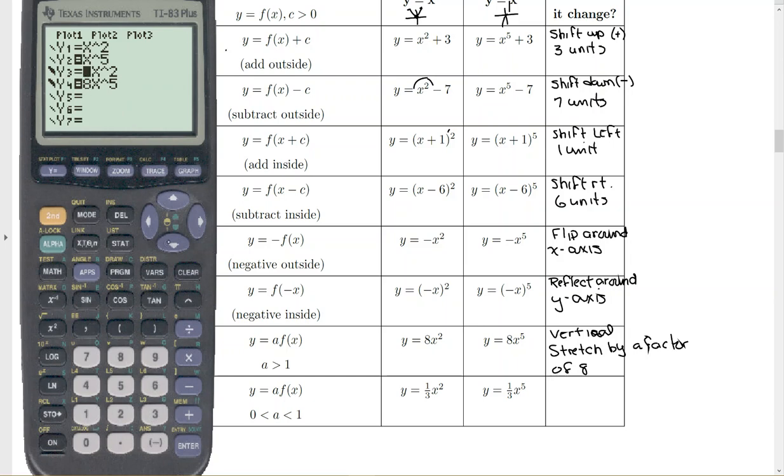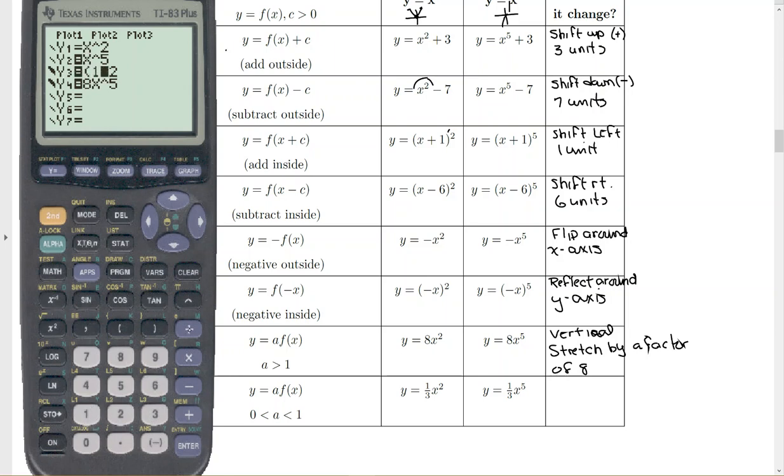If I put in a number between 0 and 1, like a fraction, so if I put in 1/3, so let's try this. Okay, so I'm going to have to use parentheses here.